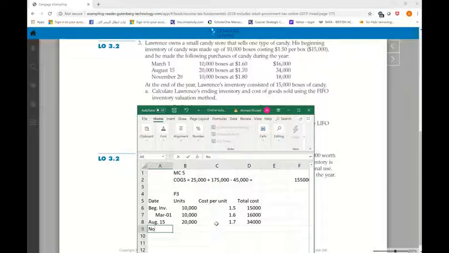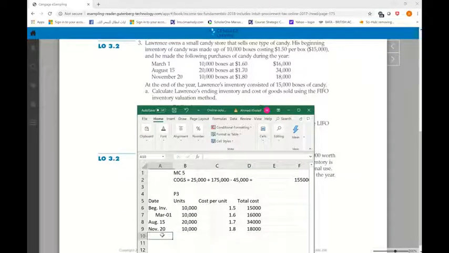And then November 20: the number of units is 10,000, the cost per unit is 1.8, and the total cost here is 18,000. So this is mainly the beginning inventory and the purchases during the year.